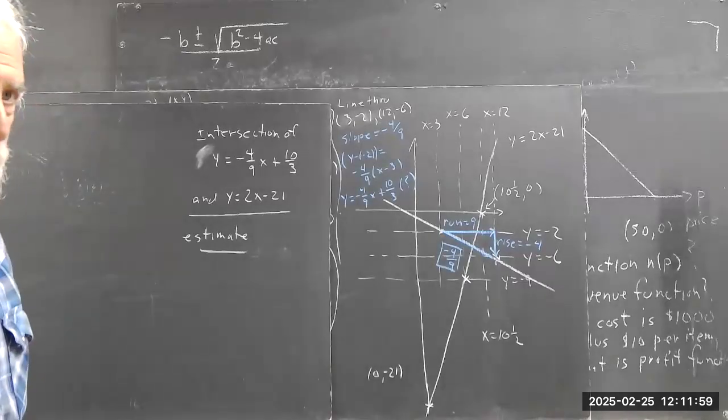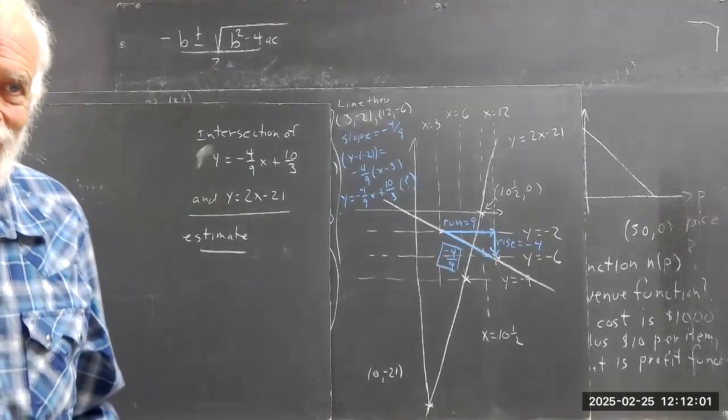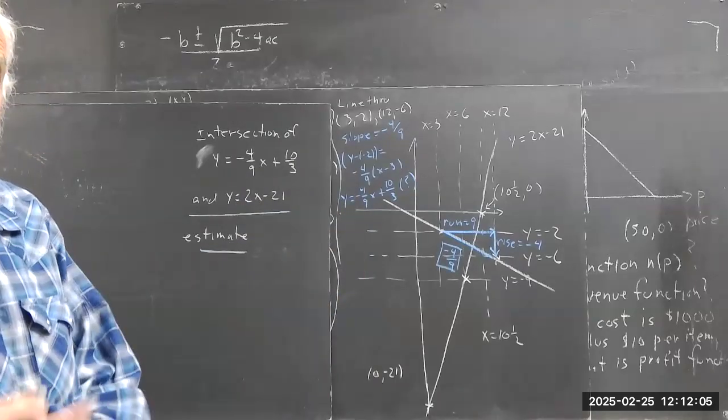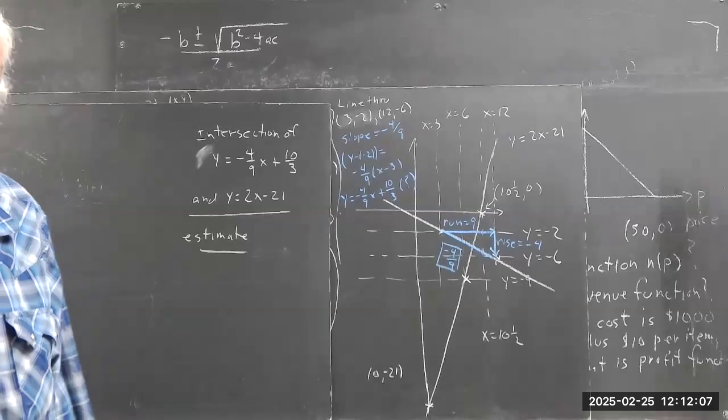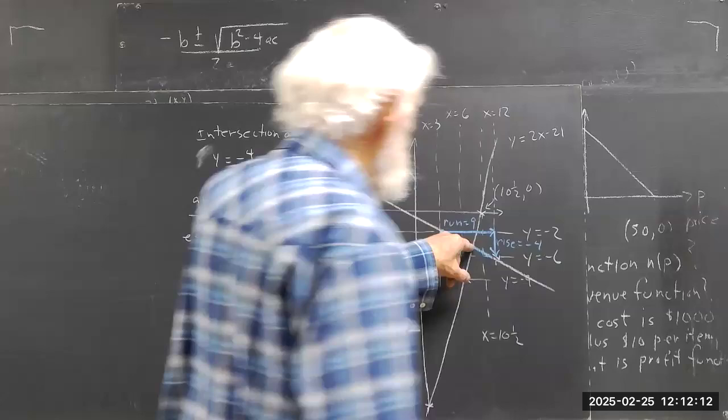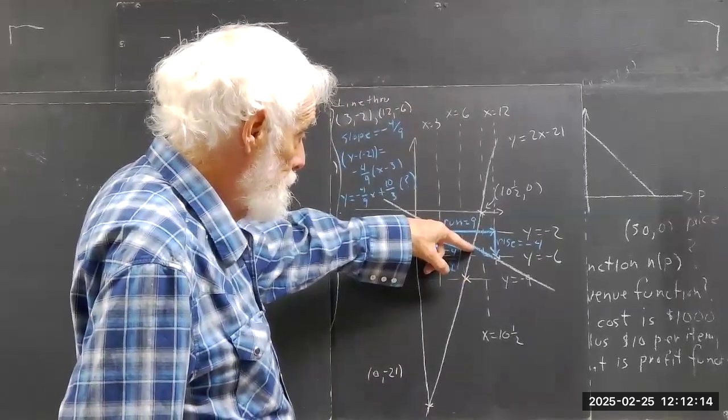One, if you don't need a really precise result, is you can draw the graph and estimate. Well, you should always draw the graph of the 2 functions, and estimate the coordinates of this point.